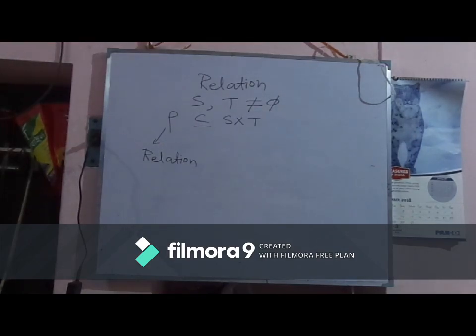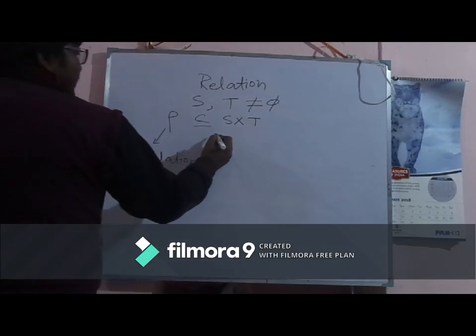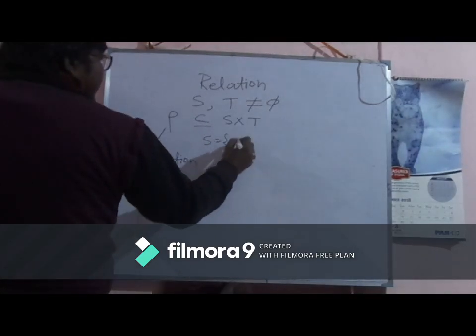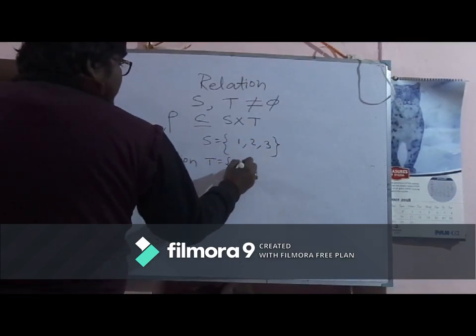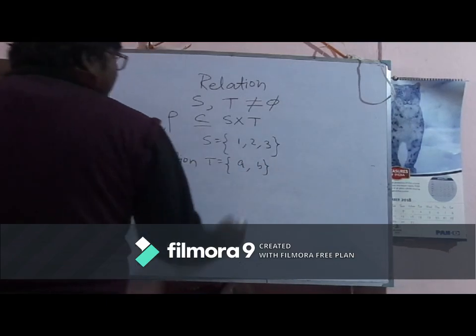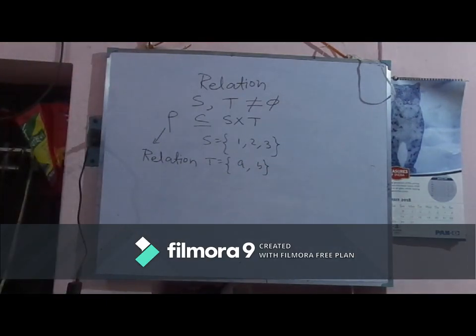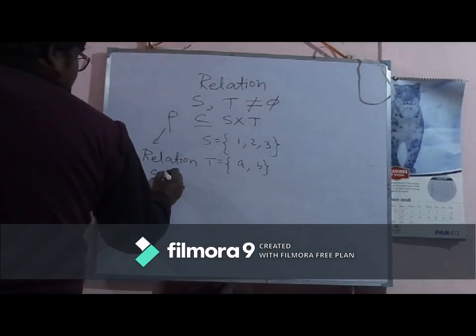Now we understand this definition by example. For example, if we take S as {1, 2, 3} and T as {A, B}, then S cross T has 6 elements, 3 into 2.